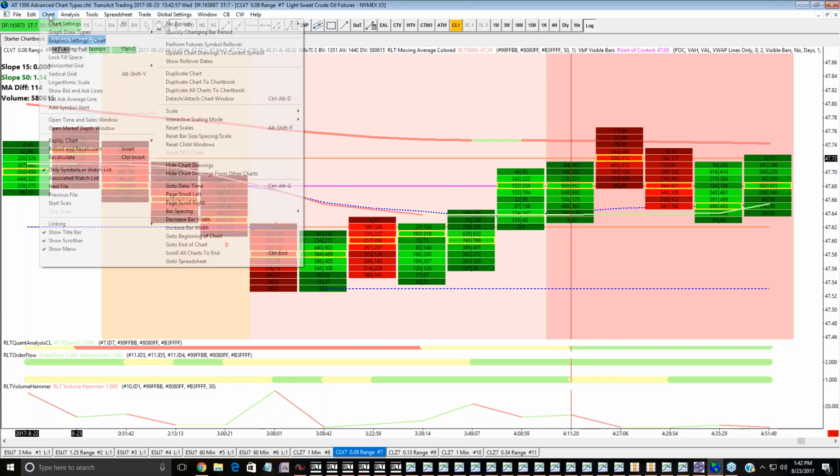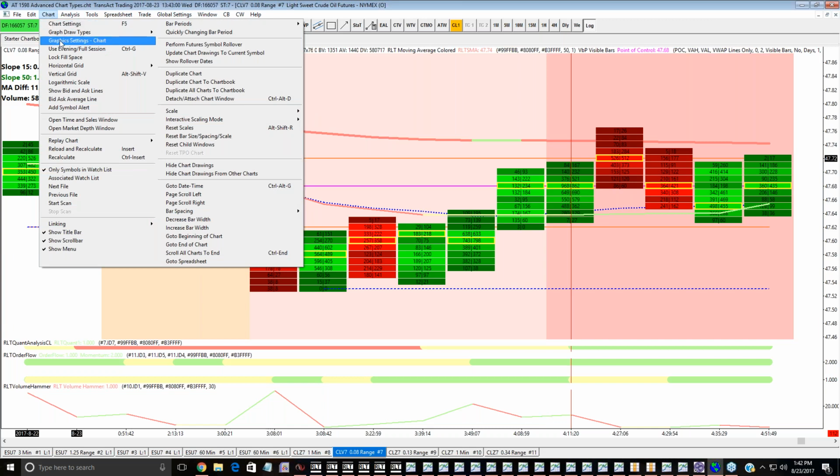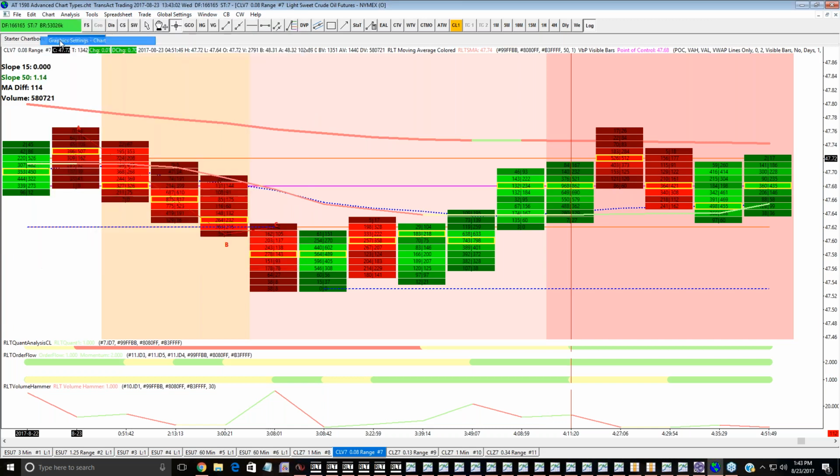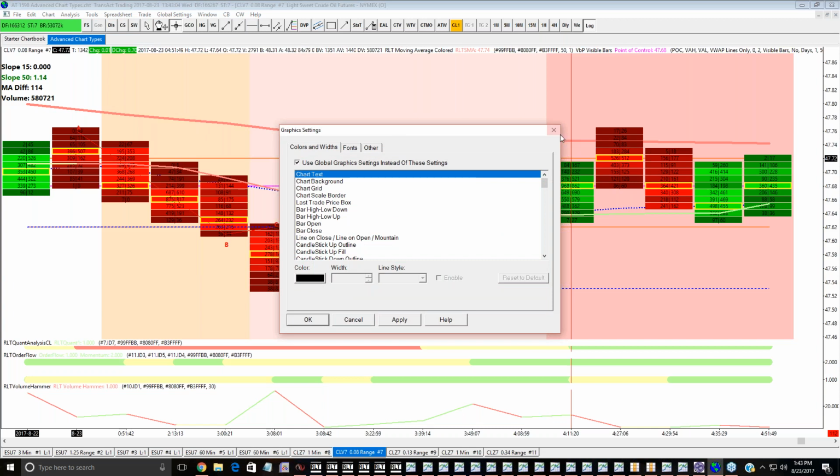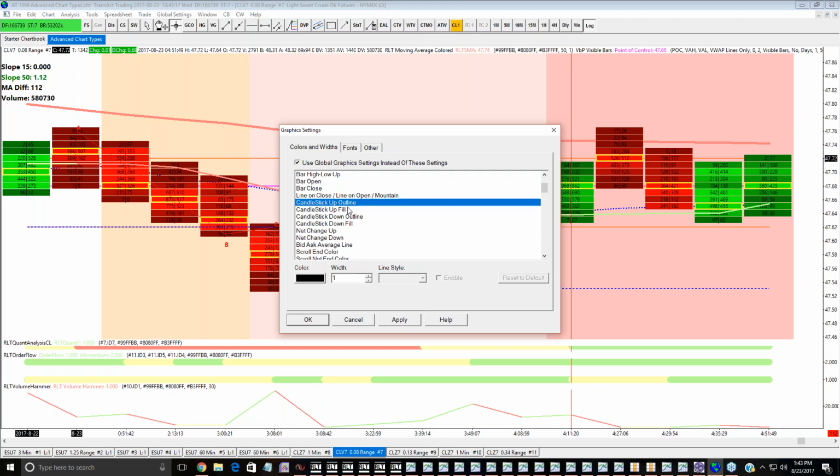And if we go to chart, I'm going to go to chart settings. Hold on a minute here, candlestick. See, it doesn't change anything.